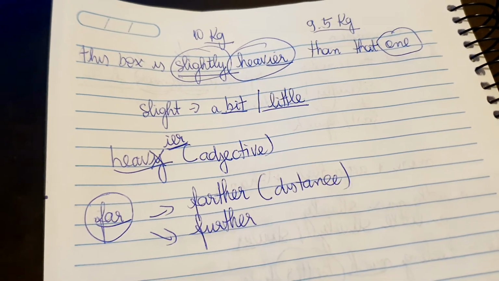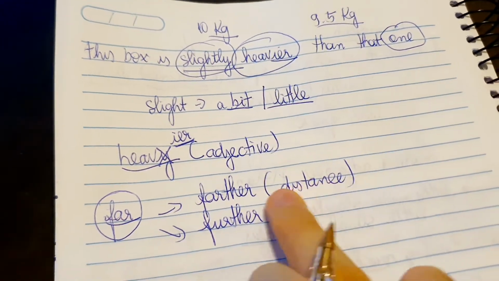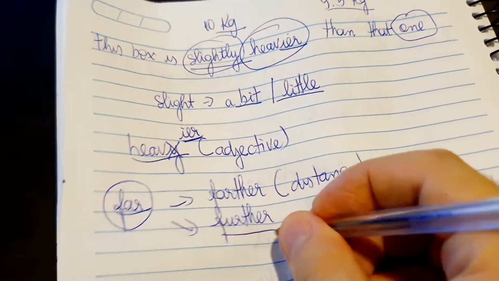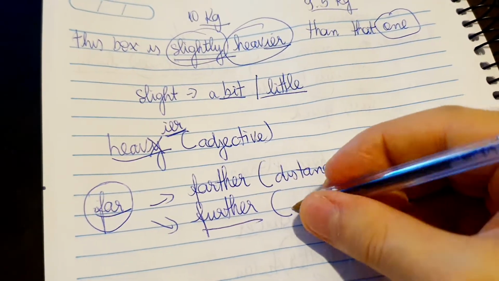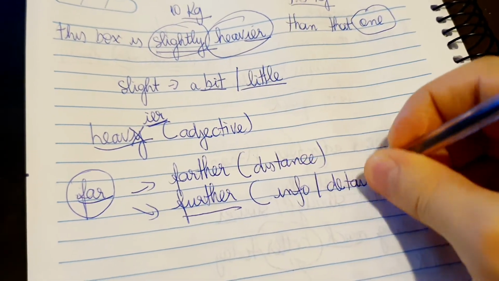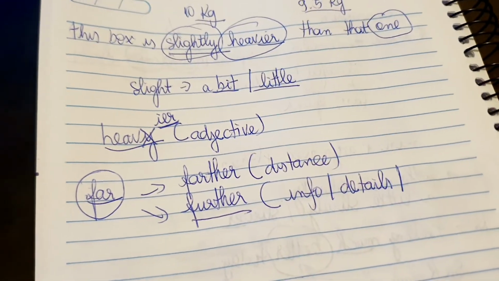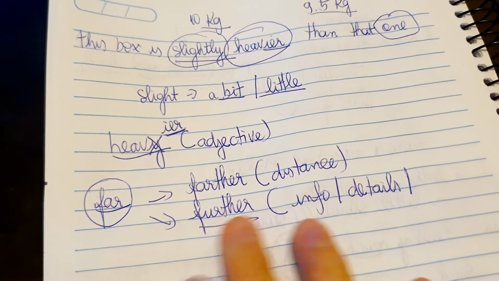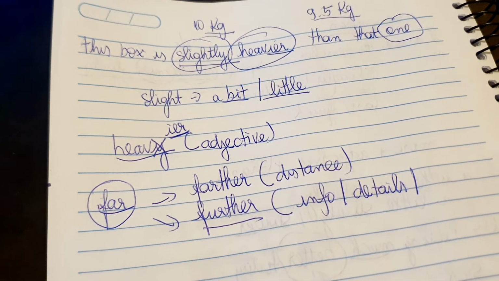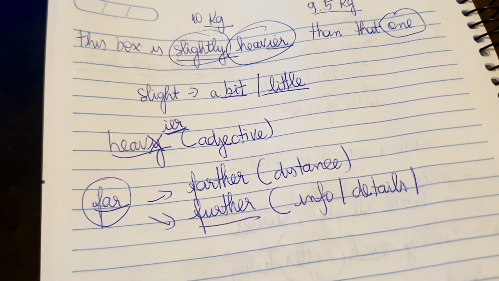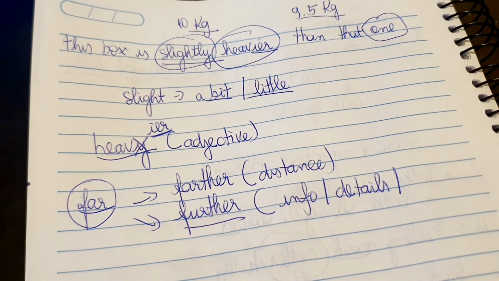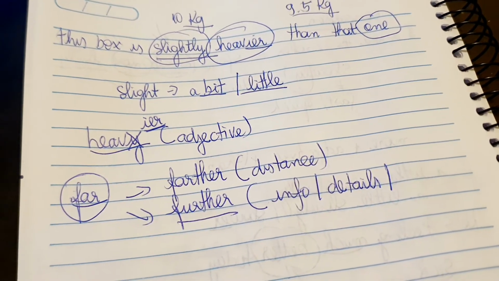So I'm saying that I live farther, in a longer distance than you from the office. And further, it's when you talk, for example, about further information, further details, right? So you use further when you want to say deeper, more, you want more details about something.